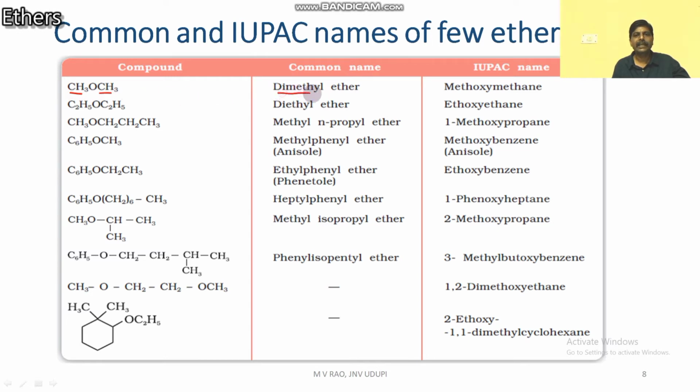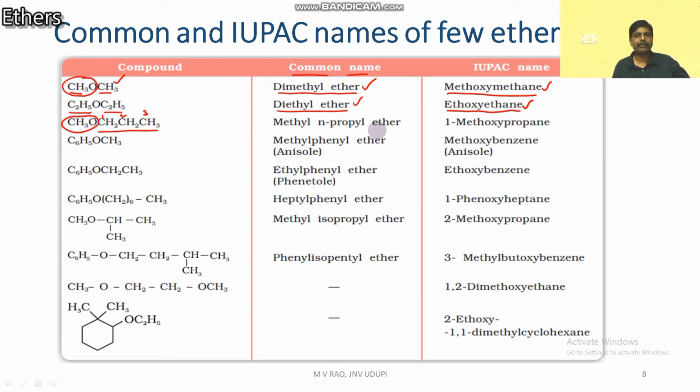CH3OCH3, dimethyl ether. IUPAC name is methoxymethane. Ethyl, ethyl, two ethyls are there, so diethyl ether. They are separate words in common name, but in IUPAC name continuous, no break. Ethoxyethane. This is a methoxy. It is a chain, long chain, 1, 2, 3.